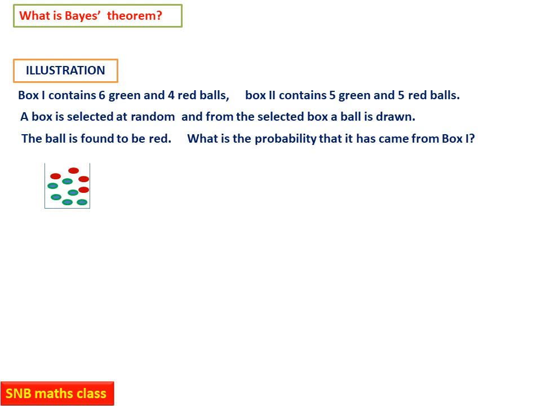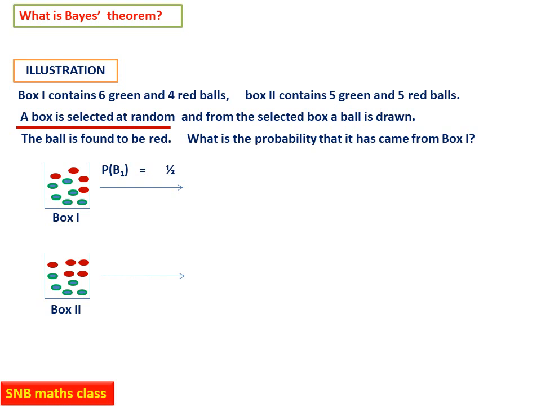Let me show you the diagram. This is box 1 which contains 6 green and 4 red balls, and this is box 2 which contains 5 green and 5 red balls. Now a box is selected at random. Probability of B1 is 1 by 2, probability of B2 is 1 by 2.